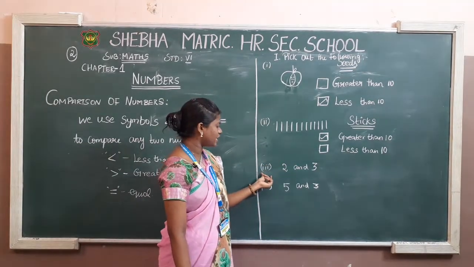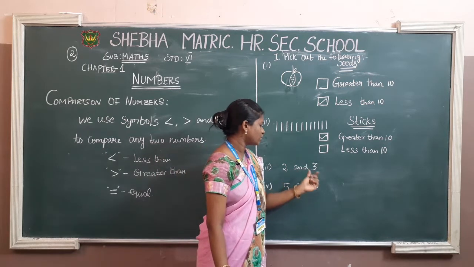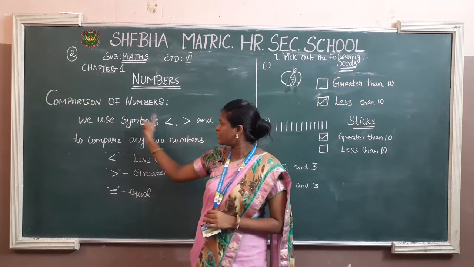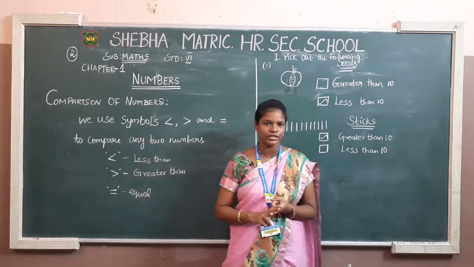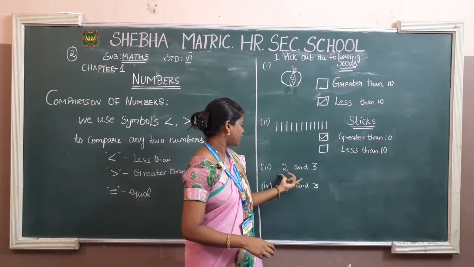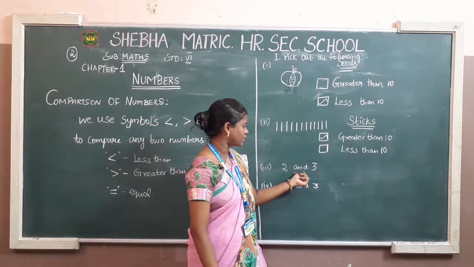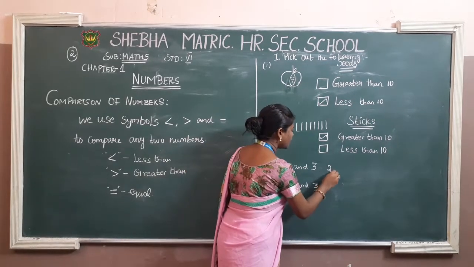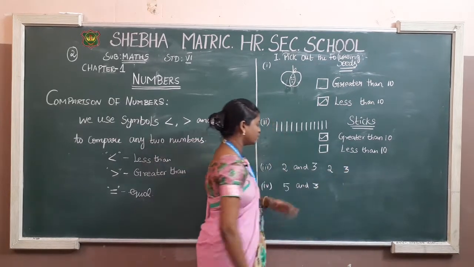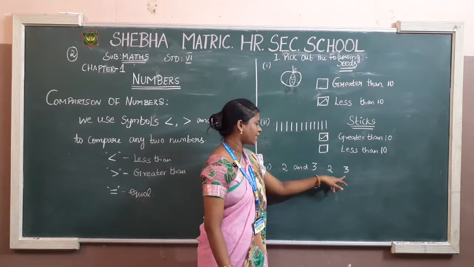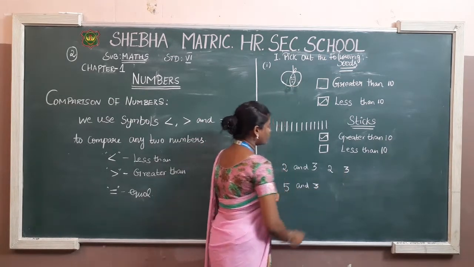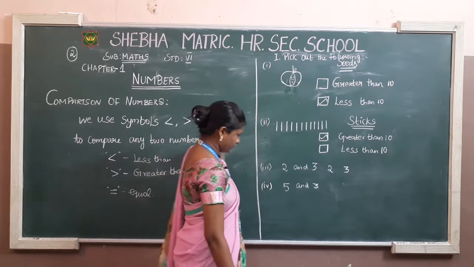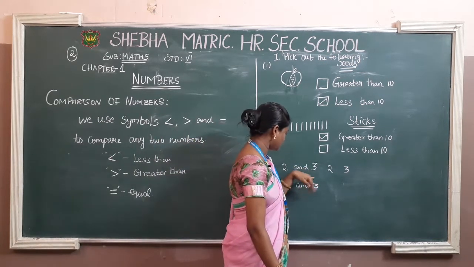Next, the third example is 2 and 3. Usually in comparison of numbers, we use the symbols to compare any two numbers. So we take two numbers, 2 and 3. Which is greater and which is smaller? 3 is greater.